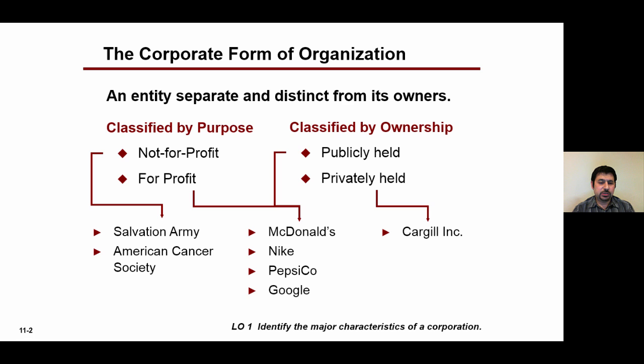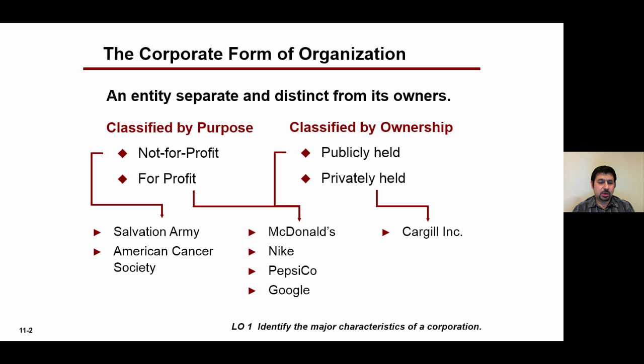Companies or corporations could be classified according to various factors such as the industry, size, etc. However, the main methods of classification for corporations is by purpose and ownership. Companies could be classified based on their objectives. For instance, for-profit versus not-for-profit.